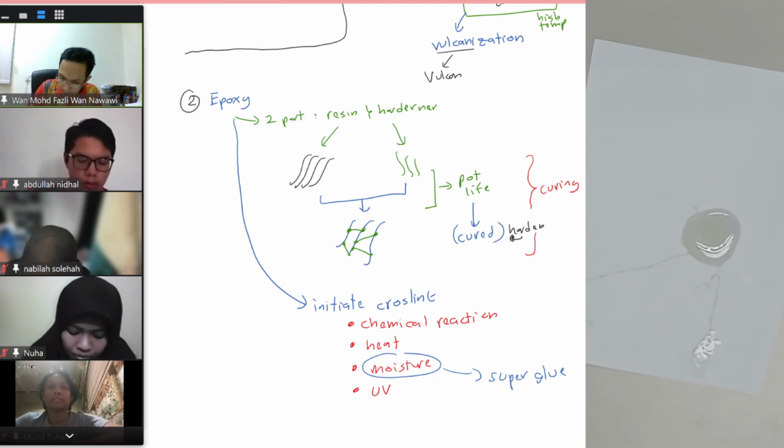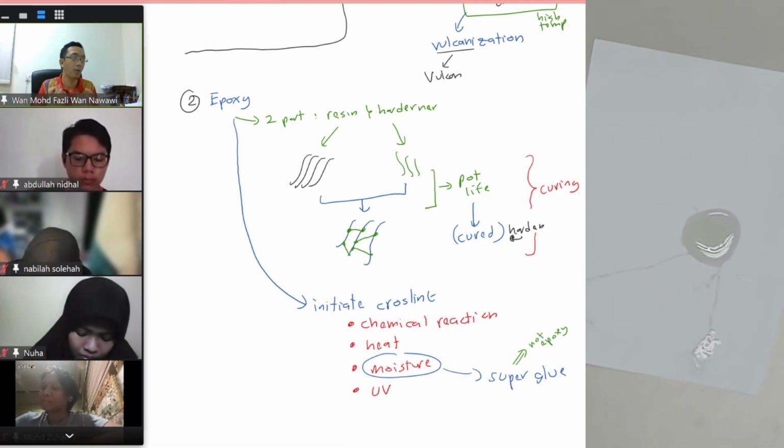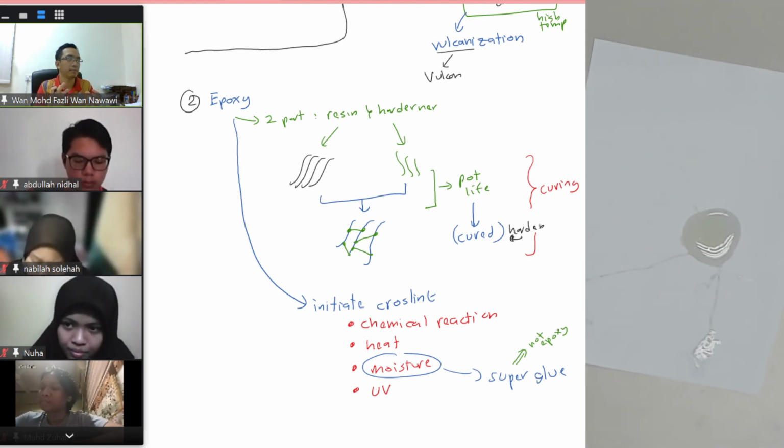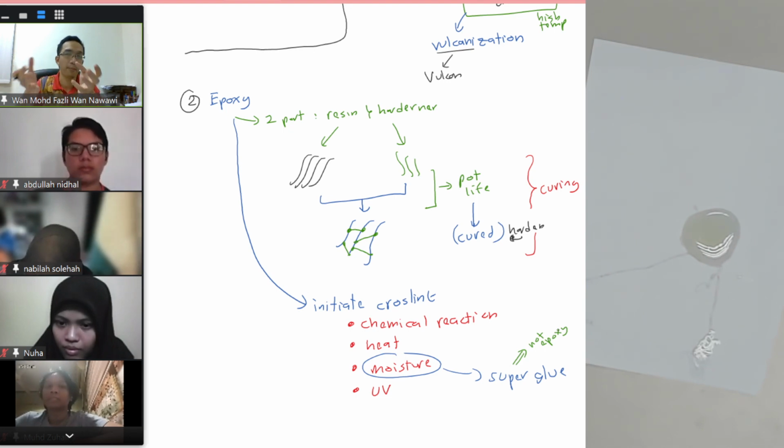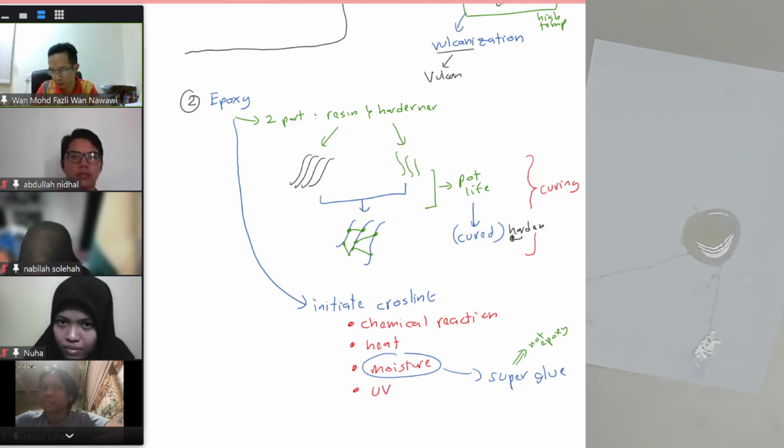Super glue is not epoxy, but I just give you the idea of how curing with moisture works. Normally when we talk about epoxy, you have resin and hardener. But you can say super glue is also a kind of epoxy, though not really.